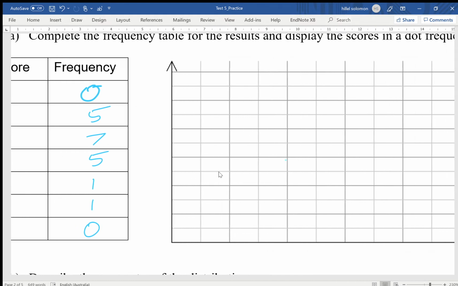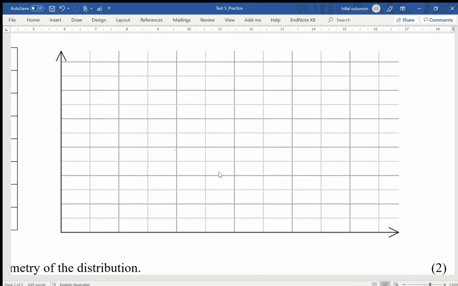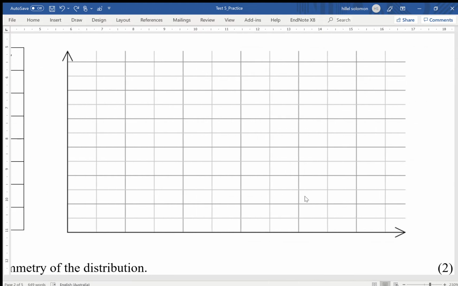Let's translate that now into a dot frequency diagram. I'm going to start by setting up my axes. So let's first write my values in. I'm going to make it a bit more spread out, and we're going to have it like this. 0, 1, 2, 3, 4, 5.